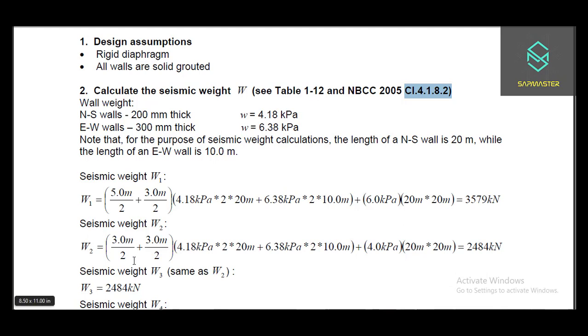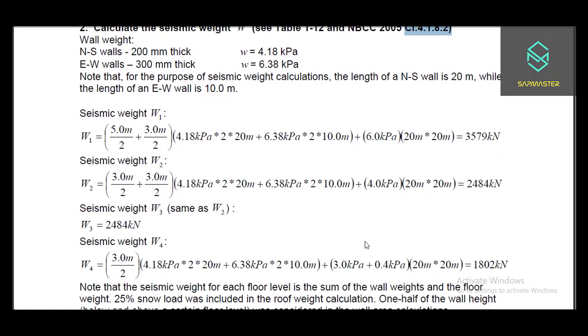Then for the second floor, because the walls are at the same height, you will have this. Again, you have to repeat the procedure, but this time instead of 6 we will have 4 as the force that the problem has given us.